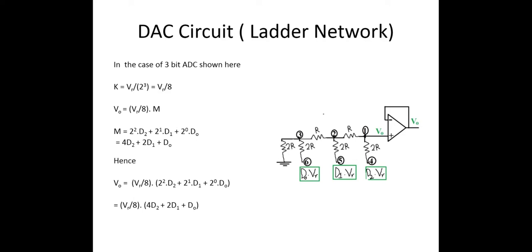The highest value of the binary number in case of 3 bits is 7. So the highest possible value for V0 will be 7 by 8 times Vr. For example, if Vr is 12 volts, then the highest value of output voltage would be 10.5, as k would be 12 divided by 8, which is 1.5. And the lowest value for V0 is of course 0 volts.